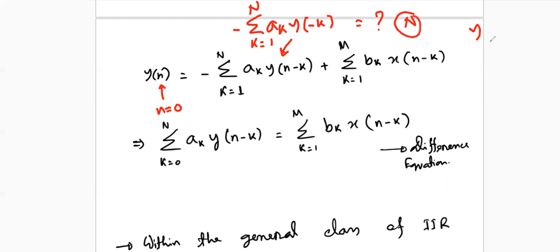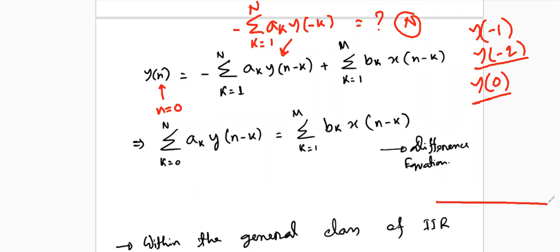If I represent that y[n minus 1], what does it mean? That means you have the output at this moment and the output previously you have. If I put y[n minus 2], means that you have this output y[n] delayed by 2 samples. Previously, you have the output previously is called y[n minus 2].